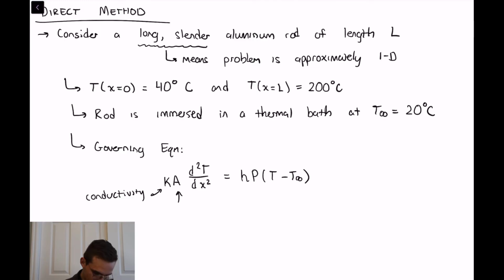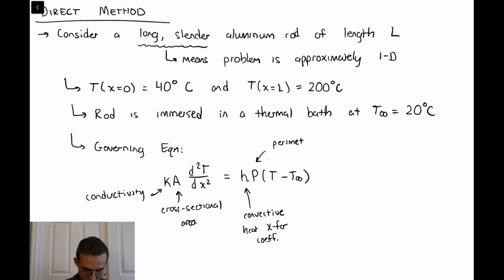A is the cross-sectional area of the rod. h is the convective heat transfer coefficient. And P is the perimeter of the cross-section of the rod. And T infinity is just that ambient temperature.